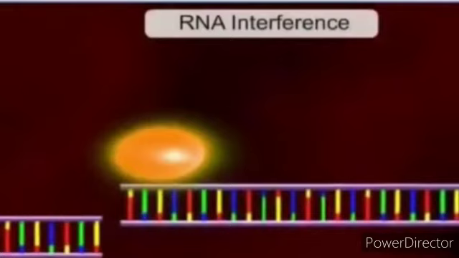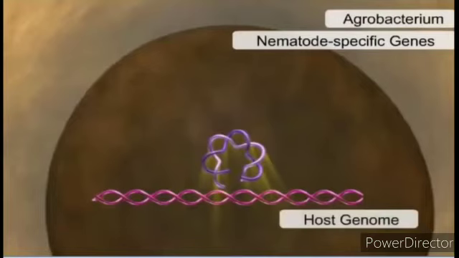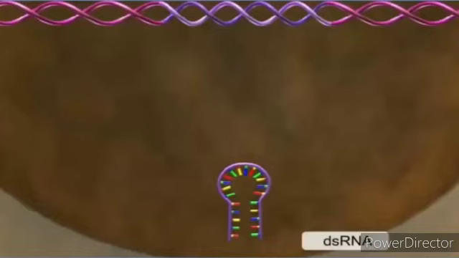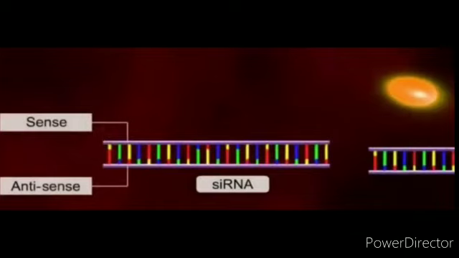The source of this complementary RNA could be from an infection by viruses having RNA genomes or mobile genetic elements, that is called transposons, that replicate via an RNA intermediate. Using Agrobacterium vectors, nematode-specific genes were introduced into the host plant. The introduction of DNA was such that it produced both sense and antisense RNA in the host cells.